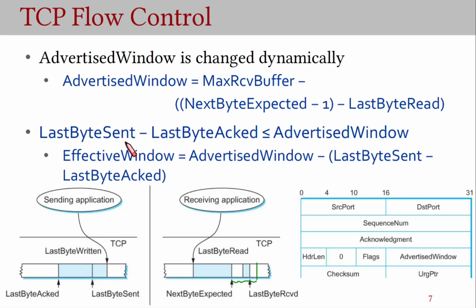On the sender side, the sender makes sure that the difference between last byte sent and last byte ack never exceeds the advertised window, right? In this diagram, it's this much data over there.